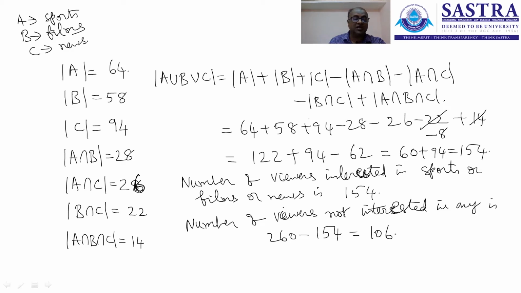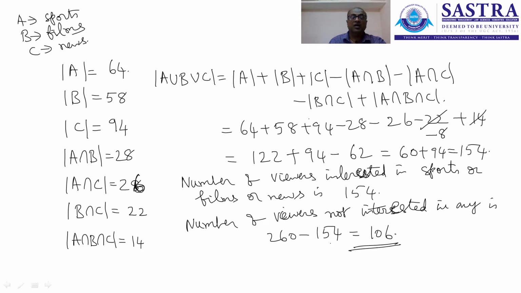So the answer here, the number of viewers who are not interested in any of these, is 260 minus 154, which would be 106.